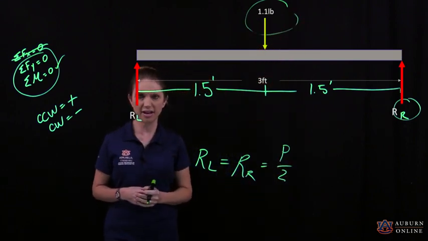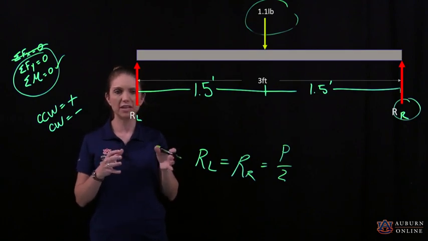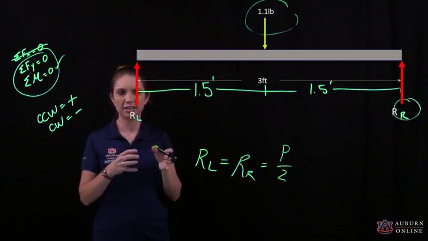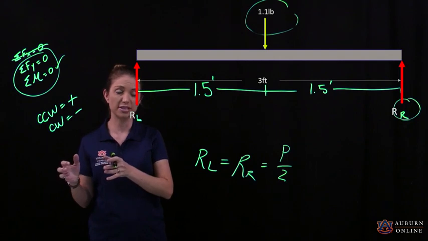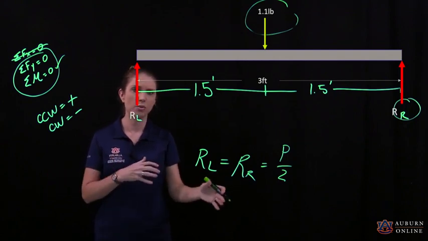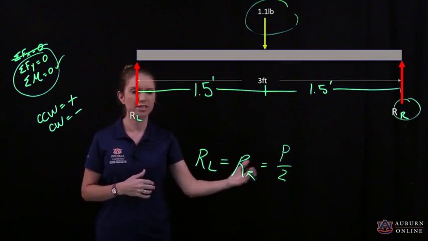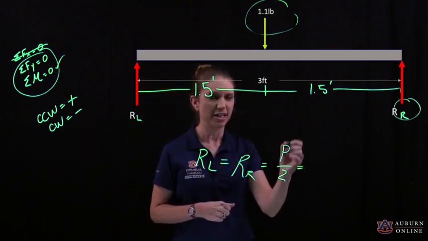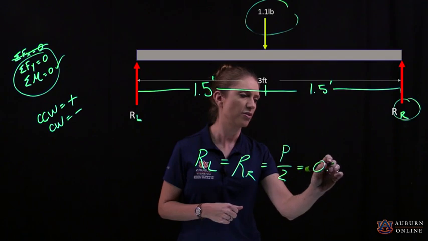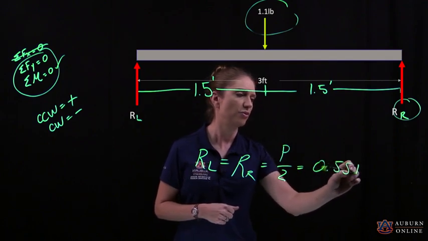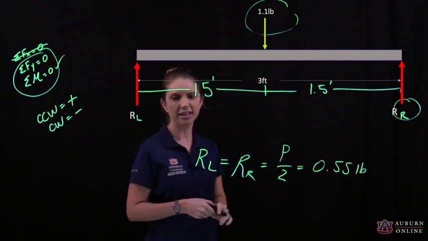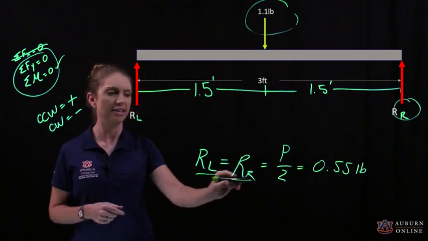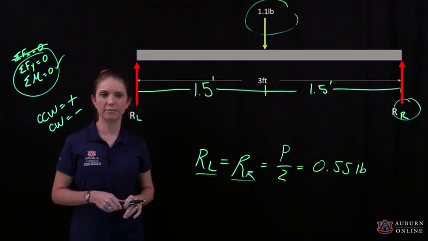If you think about it, we have one load applied, and that load is directly in the center, so half of that load will be resisted by the left-hand side of the beam, whereas half of that load will be resisted by the right-hand side of the beam reaction here. So we take the load divided by 2, and we get 0.55 pounds for our support reaction, again, on the left-hand side and the right-hand side of the beam.